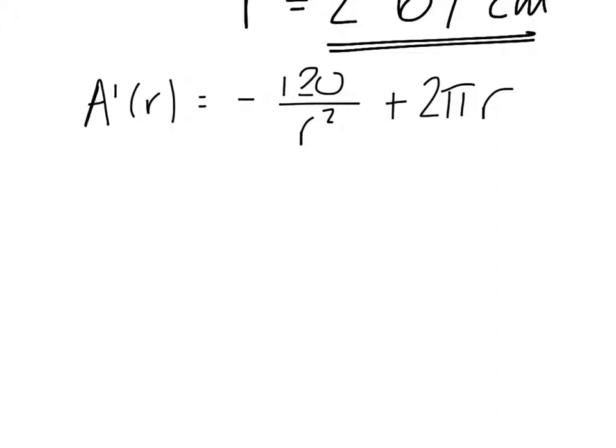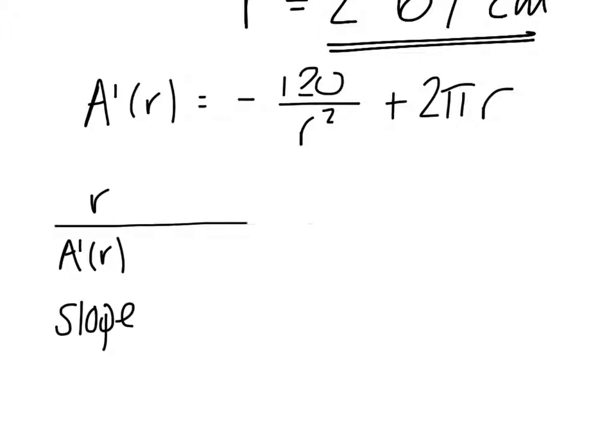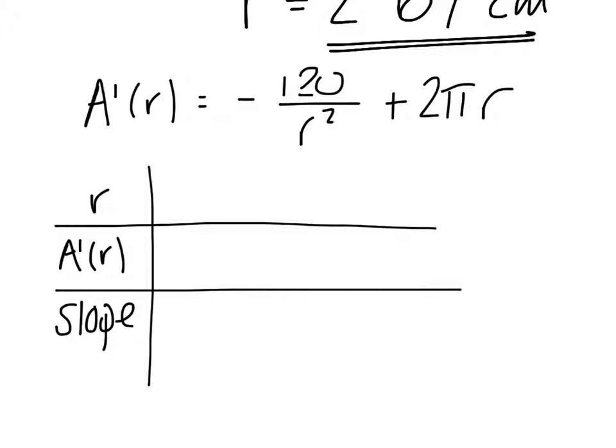Now, our nature table will have r, our derivative, which is the gradient, and then an interpretation of the gradient in terms of which way it's sloping.